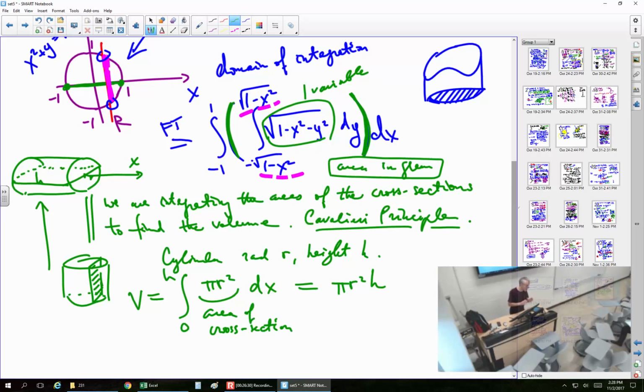That's still doable, and that may have been one of the examples that you saw in Calculus 2. It could be either a cylinder being cut, or how about a cone, another good example, when you start cutting it like this, each cross section is a circle, but the radius varies depending on x.